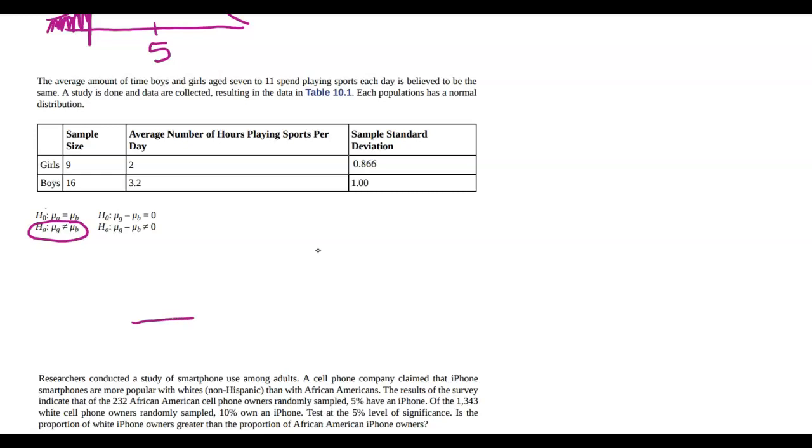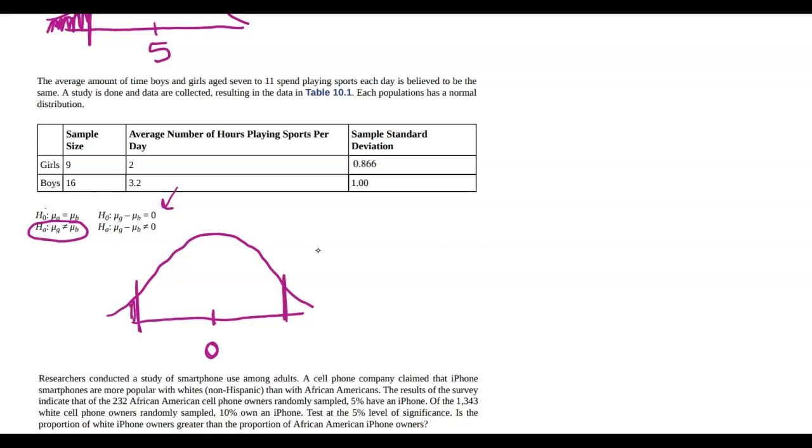So when I go to set up my alternative, or my distribution of what my testing distribution is going to look like, notice that I'm actually setting the difference between them to be 0. And since I'm saying not equal to, I actually have a two-tailed distribution.